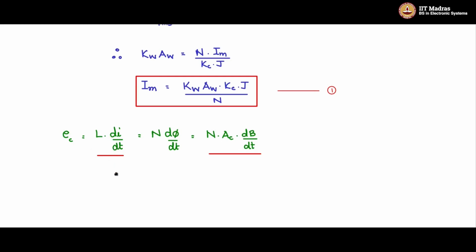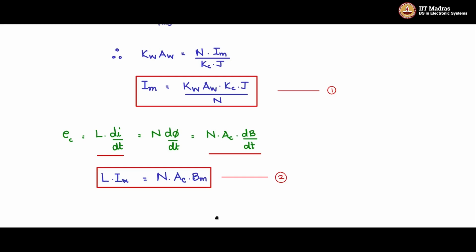In a given time, let us say the current rises from 0 to Im, giving L Im. And at the same time, the flux density would have reached Bm. So L Im equals N Ac Bm. This is another relationship where L Im is related to the magnetic properties and the core cross-section area. So this is relation 2.